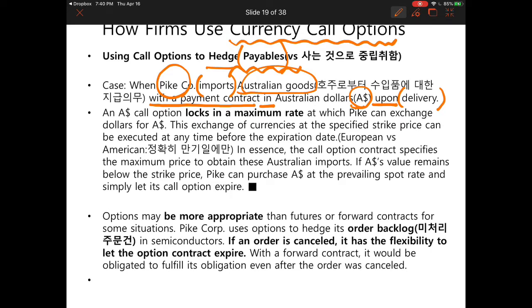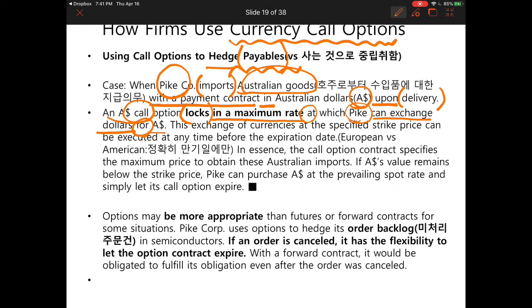So here, if we purchase a call option, that call option locks Pi Corporation in a maximum rate at which Pi can exchange dollars for Australian dollars. If I bought an Australian dollar call option, I can always purchase Australian dollars at an exercise price, which is promised in advance by the seller.